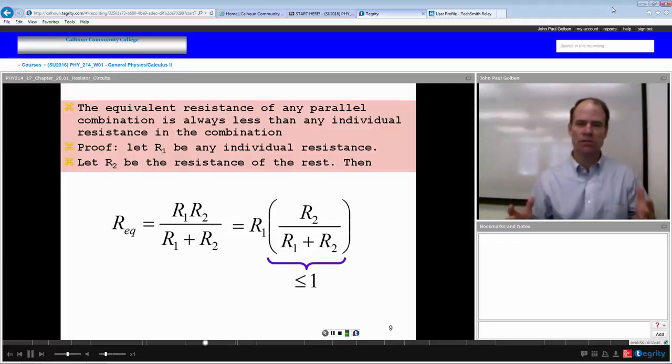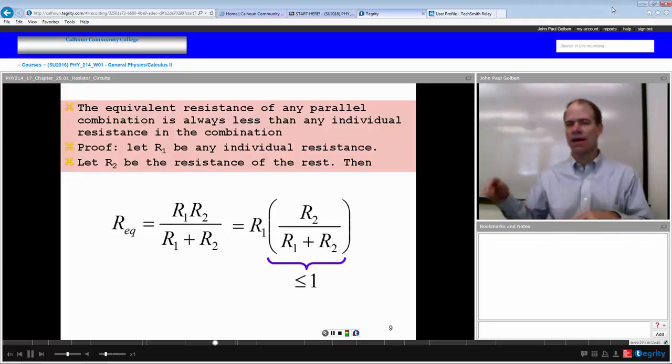But it's always going to be dominated by 1, which means that our R equivalent will never be greater than R1, any particular resistor that we have in the combination, and most likely will be less than that resistance. What does this mean? Well, if I had 5 resistors, like you have in lab maybe, the equivalent resistance of those 5 will always be less than the smallest resistor in that combination.